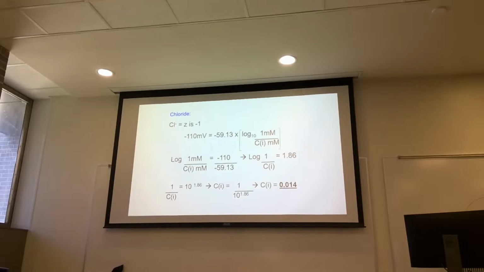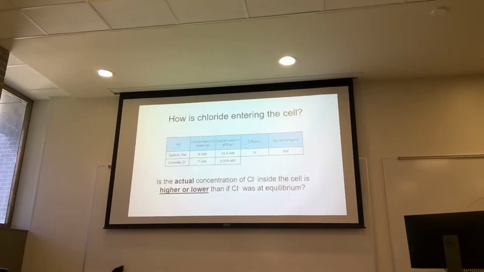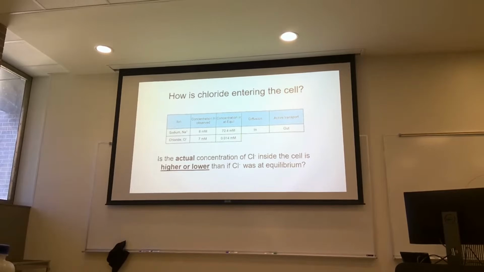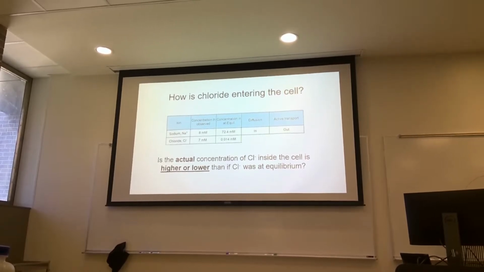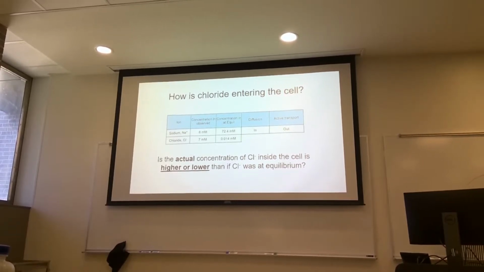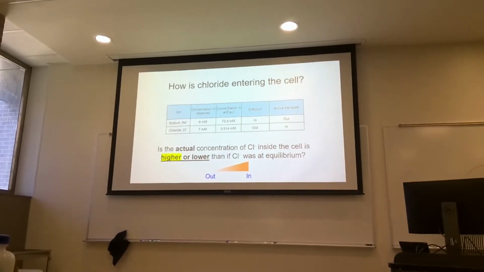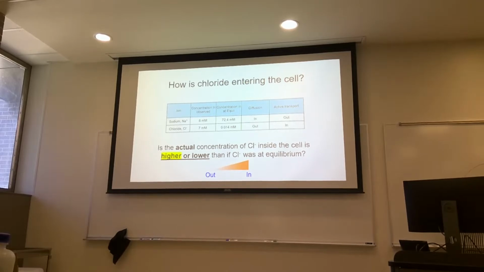So now what you have is much higher than if you had this at equilibrium. That means, how is the gradient? Basically what you have is 7, which is higher than 0.014. So your inside concentration is much higher than if you had it at equilibrium.